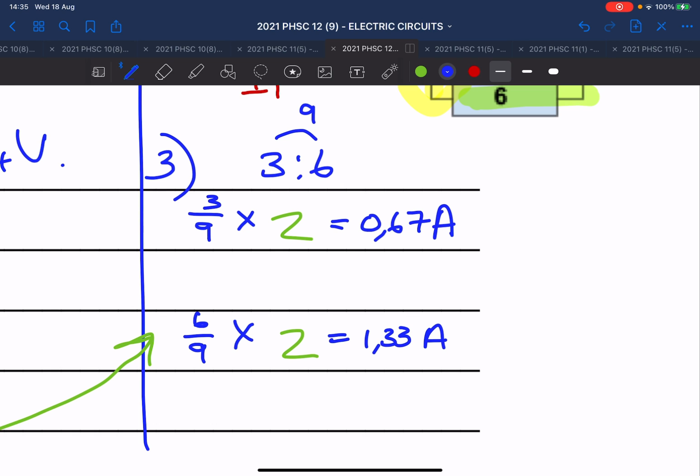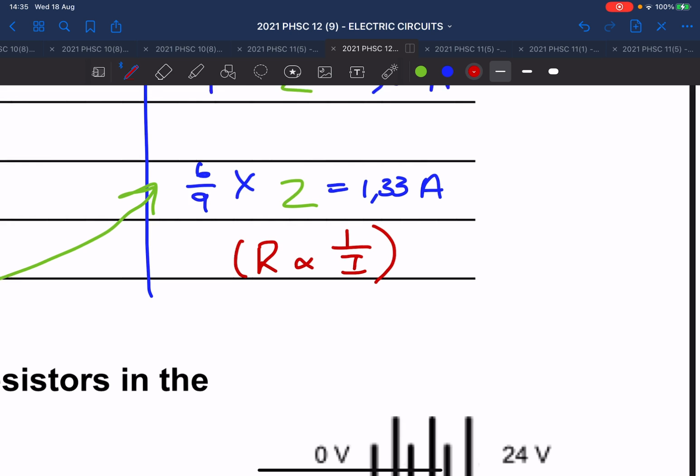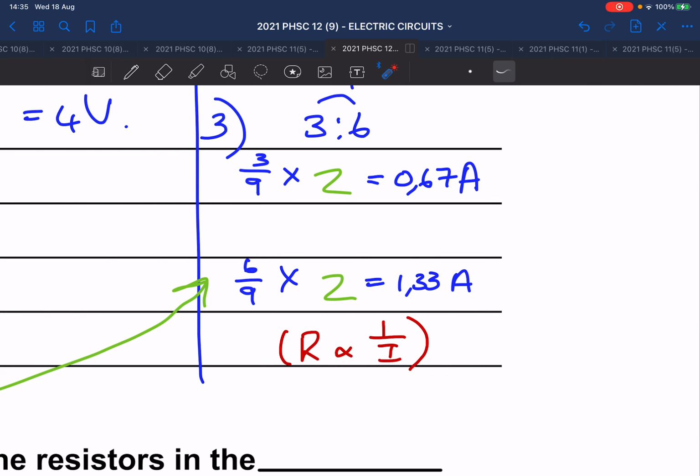But you can't leave it there, because we said a while back that the bigger the resistance, the more difficult the journey, the smaller the current. They are inversely proportional to one another. So we can't say the 6 ohm resistor will get the bigger current.